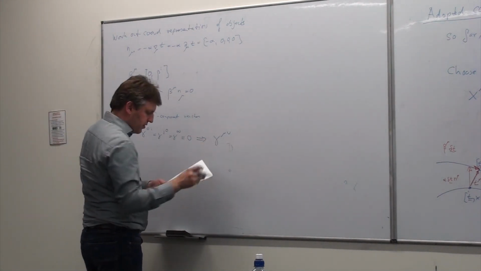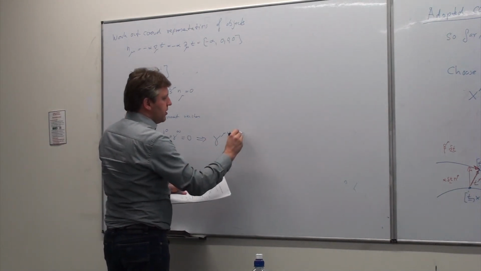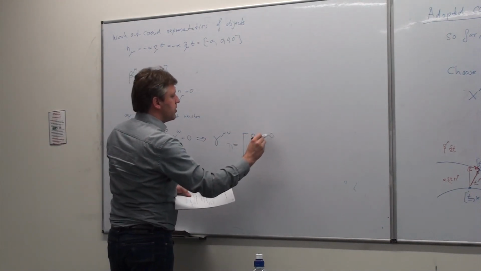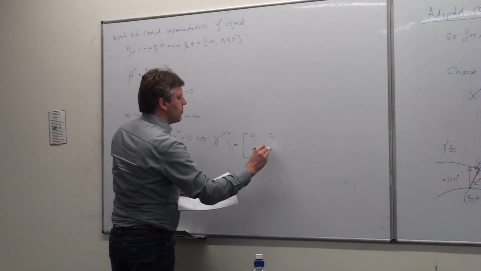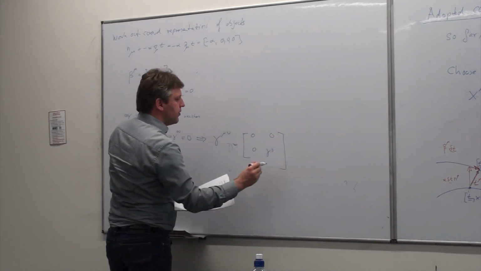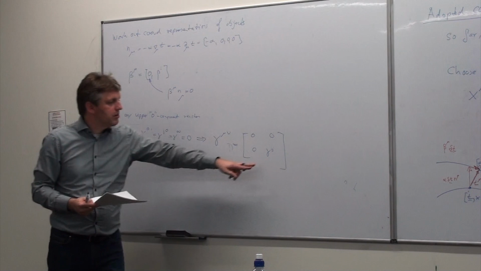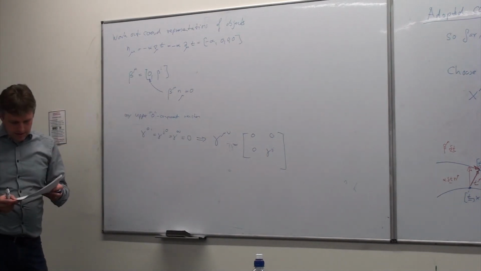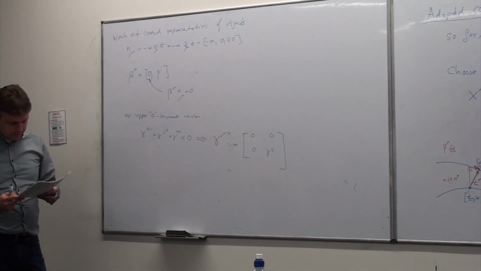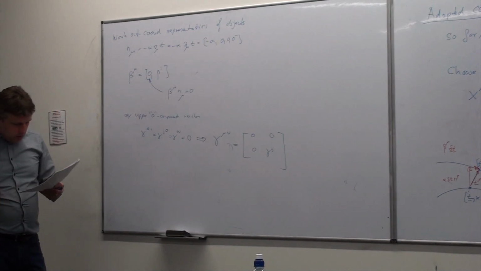And so gamma with the upper indices is actually a matrix that only has a 3 by 3 submatrix of interesting numbers. What else can we do?